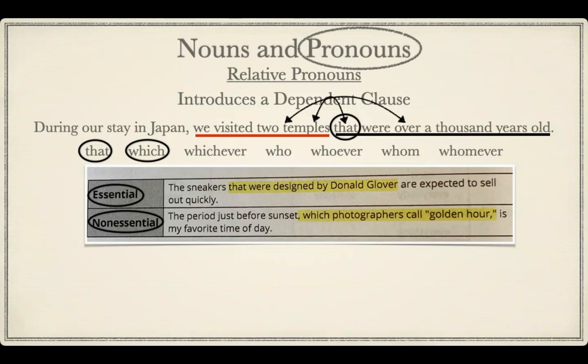The period just before sunset, which photographers call golden hour, is my favorite time of day. If which photographers call golden hour was removed from the sentence, you would still know the speaker's favorite time of day, right? So that clause, which photographers call golden hour, is called a non essential clause.